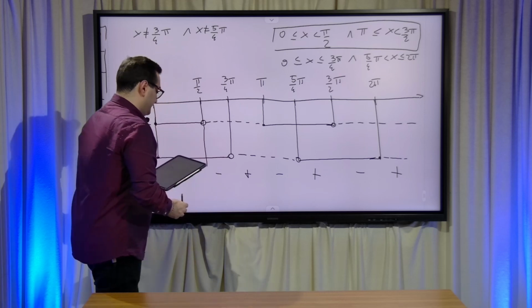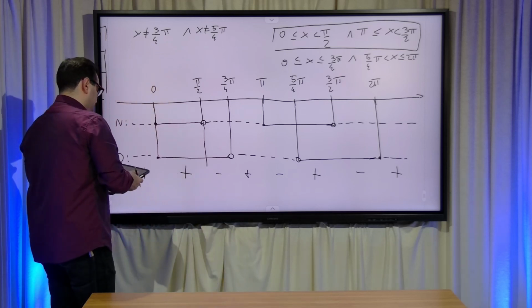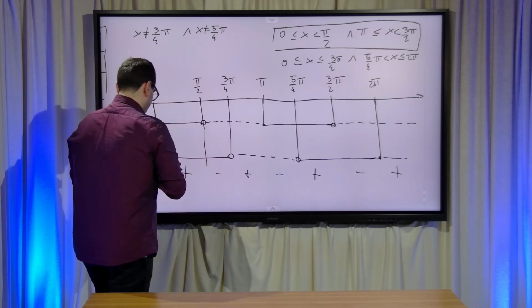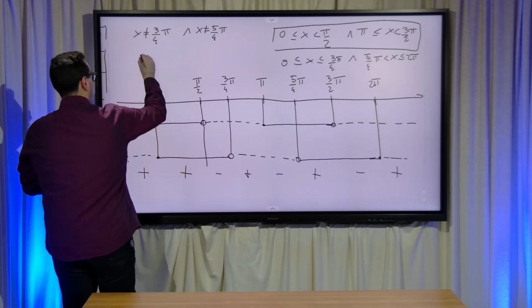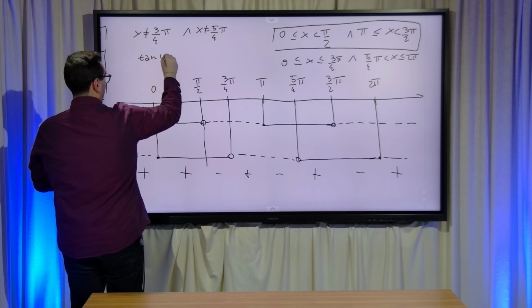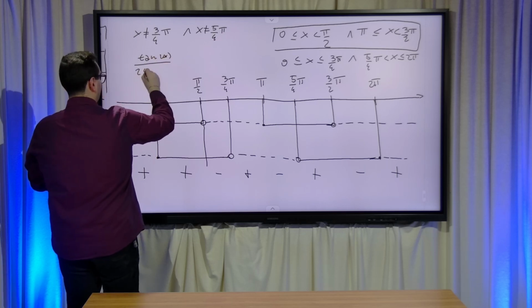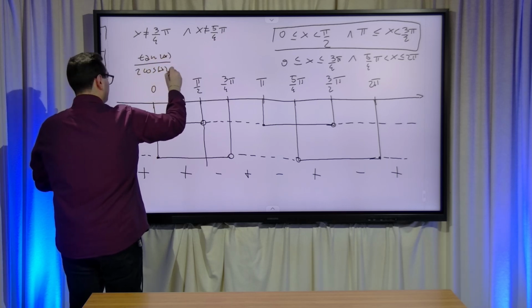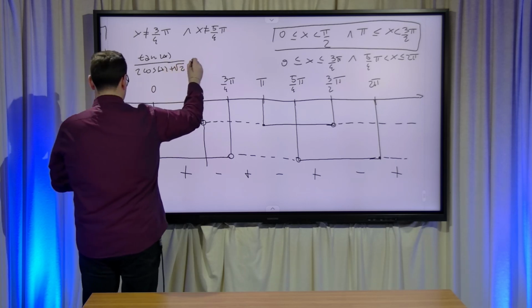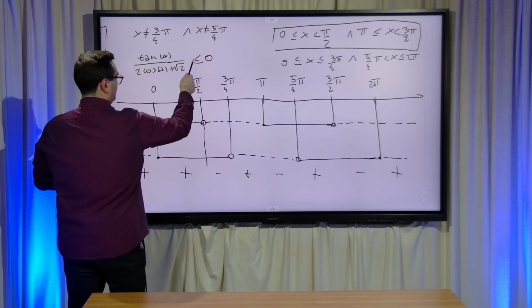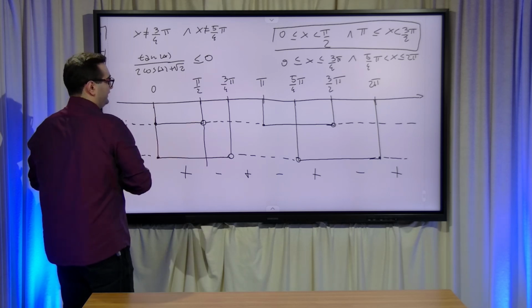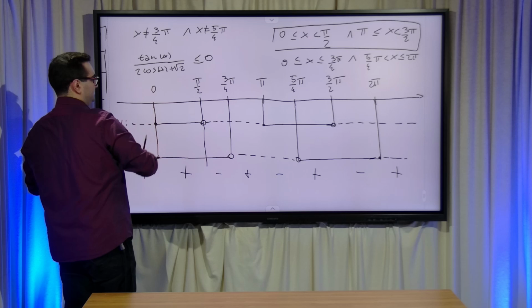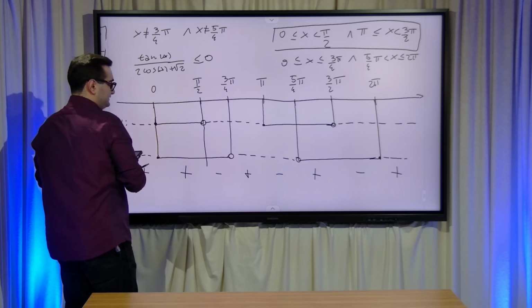The original inequality was, okay, I'm gonna write it here. So we want to find the range where this function, this ratio, is less than 0.